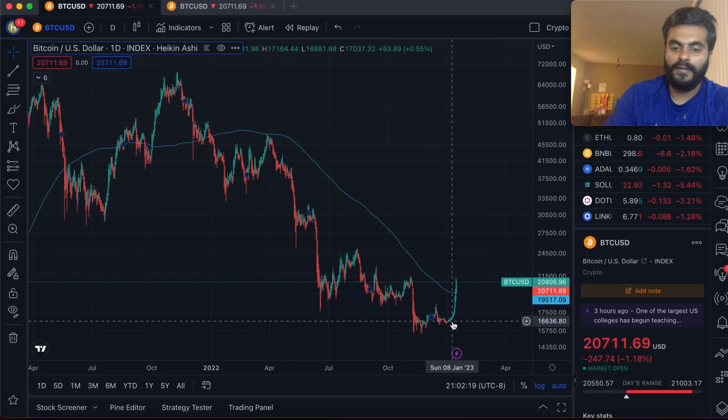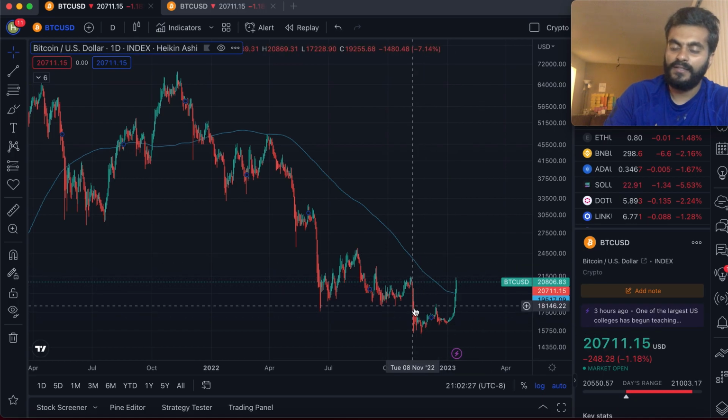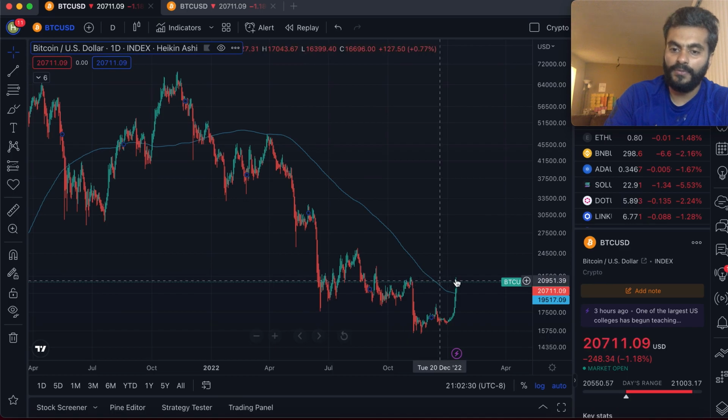Bitcoin had a rally from 16,500 to now trading at say 20,700, but at one point it almost reached 21,140.